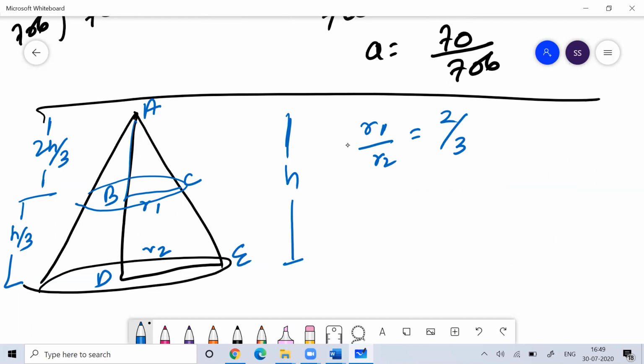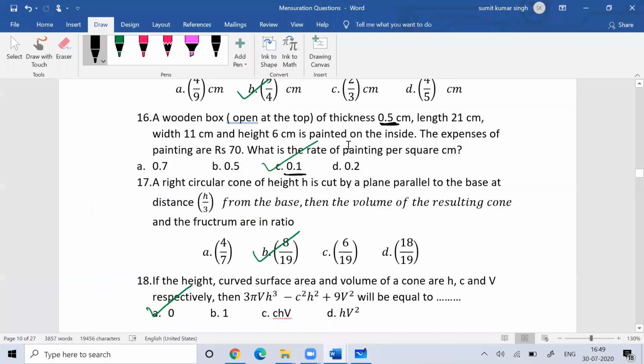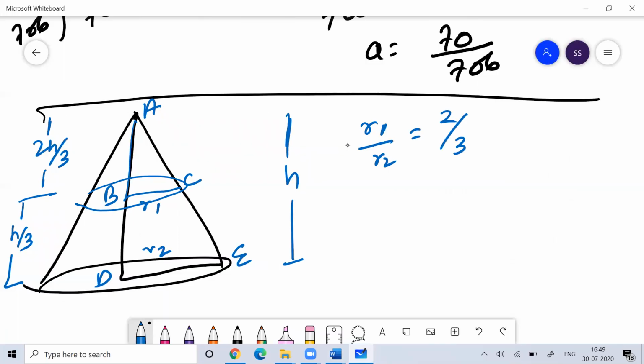You can understand, no? Because you cut h by 3 from the base, that is 2h by 3. So this is 2h by 3 and this is h. The same ratio will hold for the height also. This is h1, this is h2.